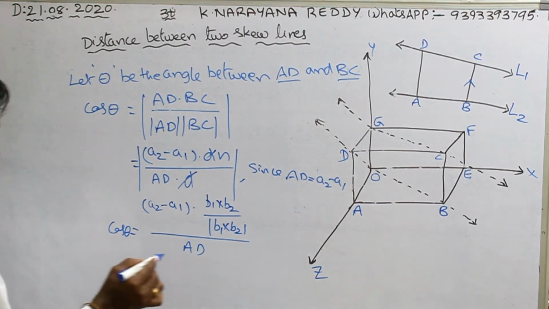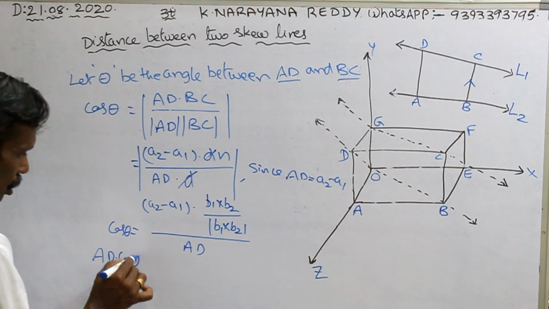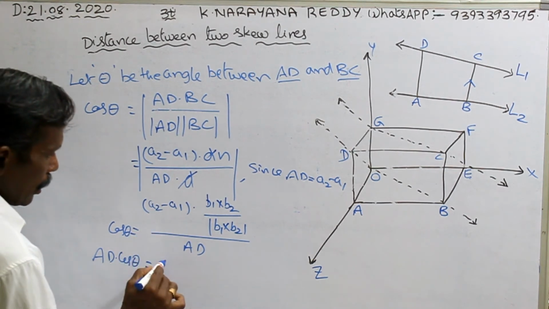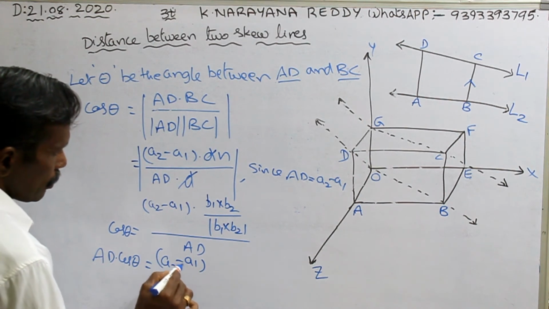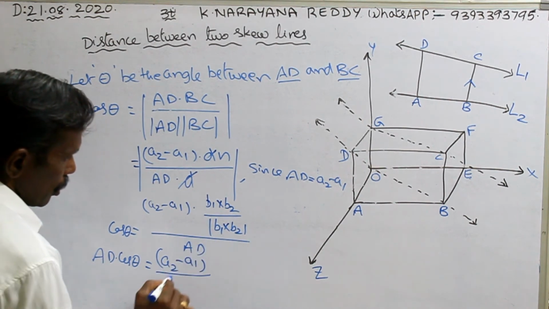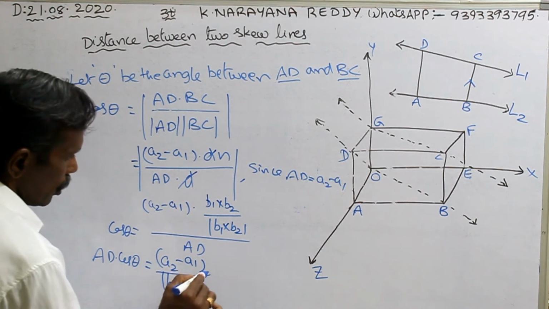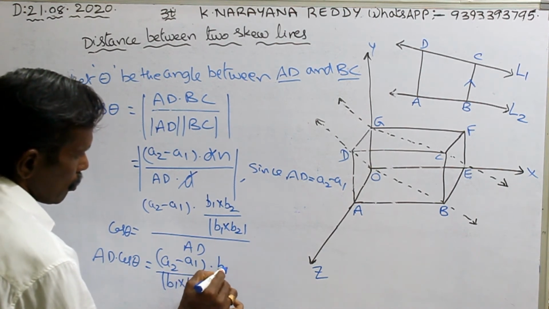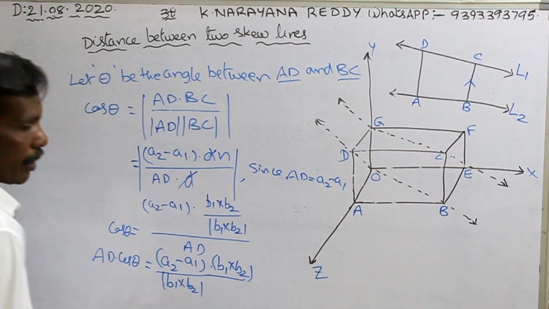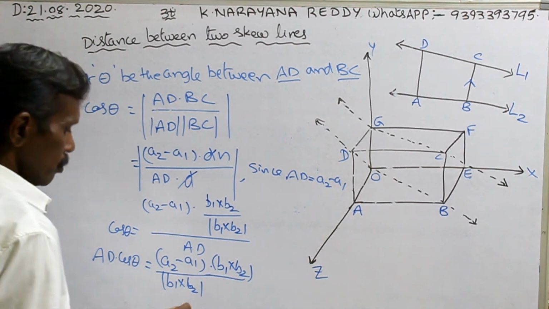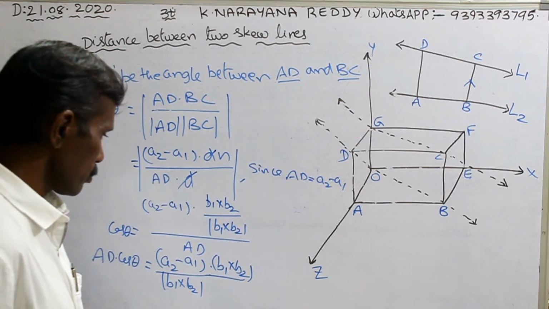Now AD cos theta equals (a2 minus a1) dot (b1 cross b2) divided by mod b1 cross b2. Okay. Now, what is AD cos theta? Nothing but BC. You know that.